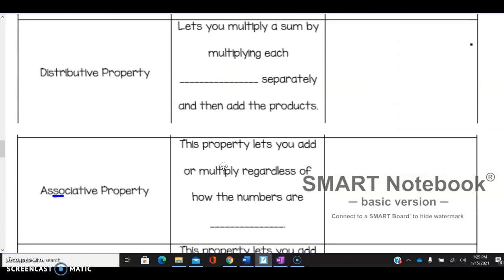The distributive property. The distributive property lets you multiply a sum by multiplying each addend separately and then adding the products. So for example, if I had -3 times (x minus 2). Now, PEMDAS, or order of operations, says I have to take care of what's in the parentheses first. However, I don't know what x stands for, so I can't do x minus 2 if I don't know that value.